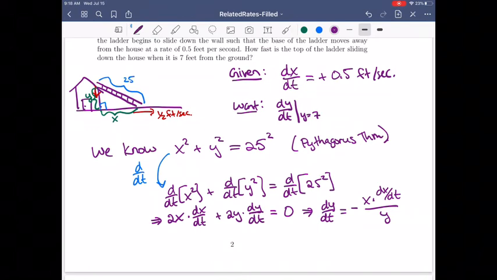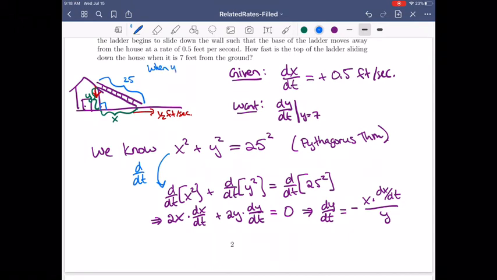Okay, so that's my derivative. Then I notice that I have an x, a y, and a dx/dt. I know dx/dt and I know y, but I don't know x. So what we need to do is find x.